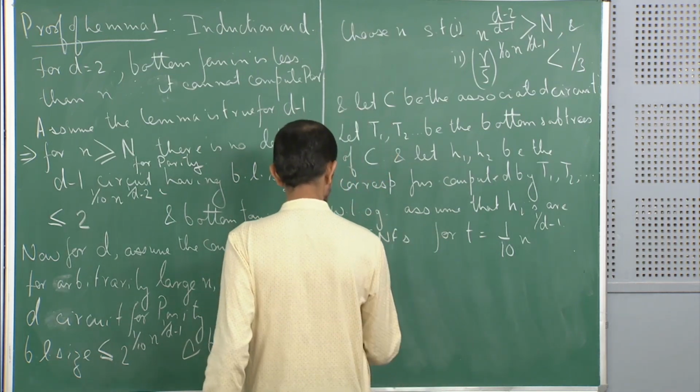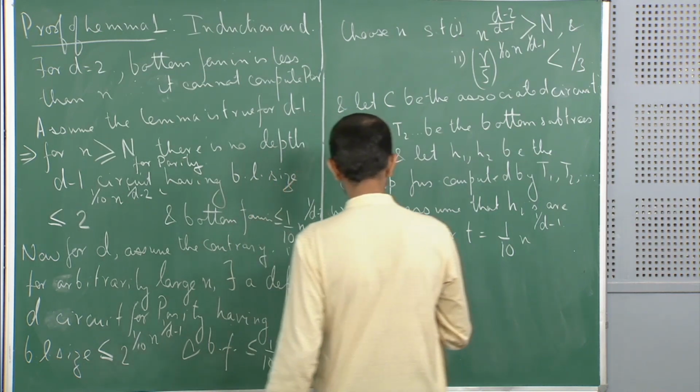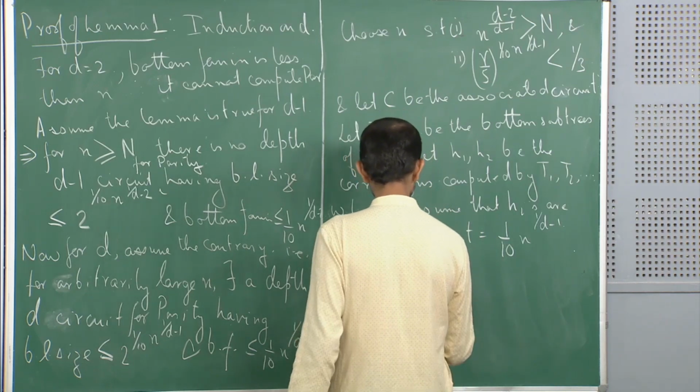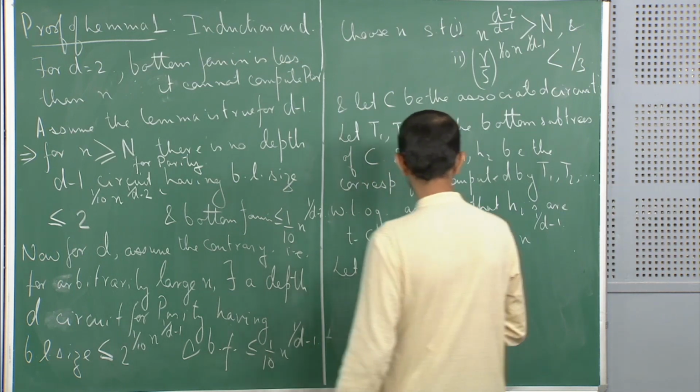Let me choose my probability. Let P be n to the power minus 1 over d minus 1.